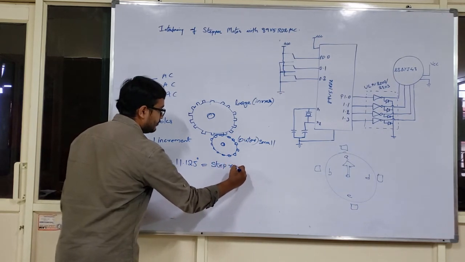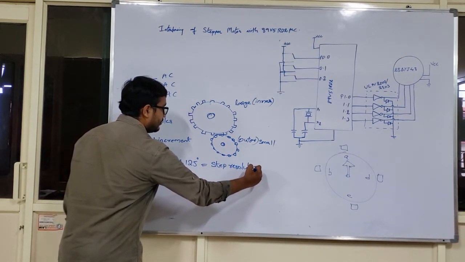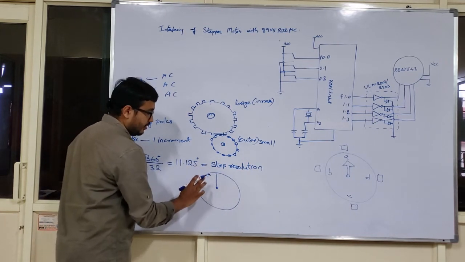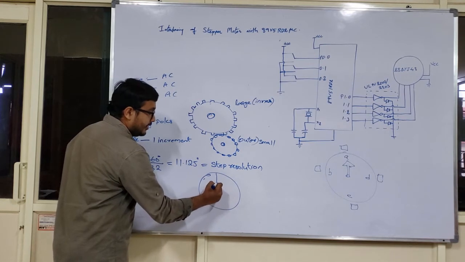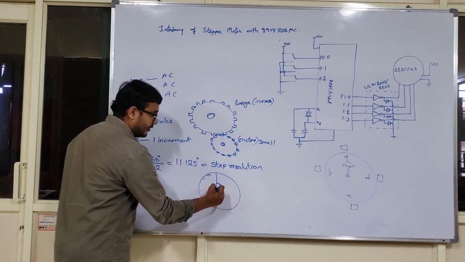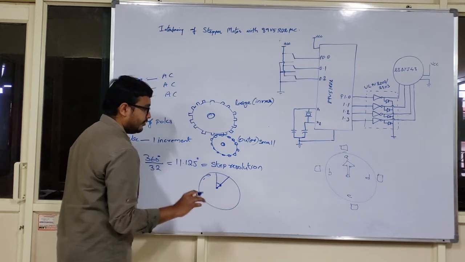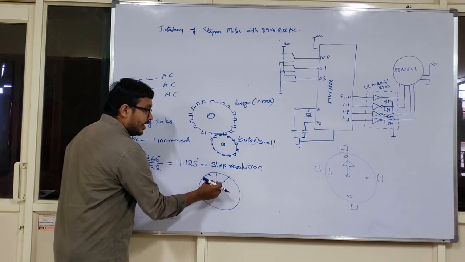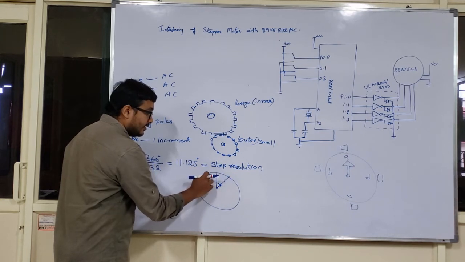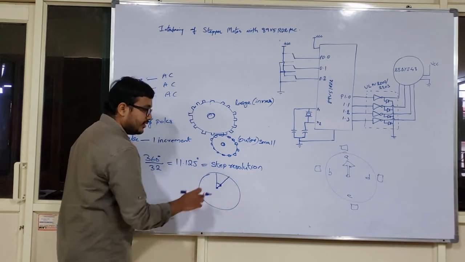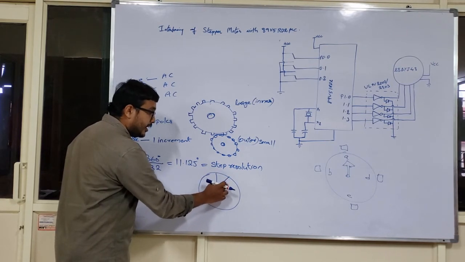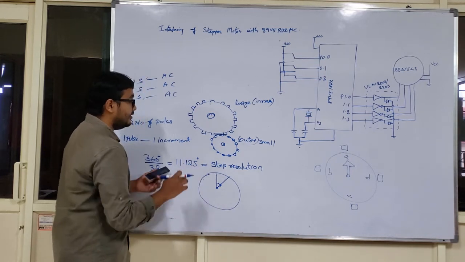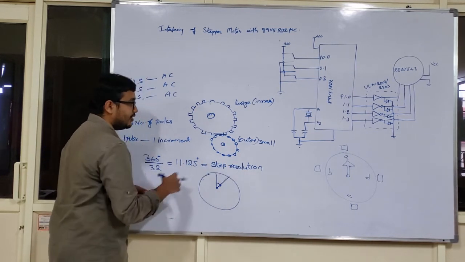If my shaft is pointing towards this pole, and the shaft takes an angular displacement of 11.25 degrees like this in the clockwise direction, for example, so from here to here it is moving, it has one fixed increment. This one fixed increment takes place with an angular displacement of 11.25 degrees. This is nothing but the step resolution of this rotor.